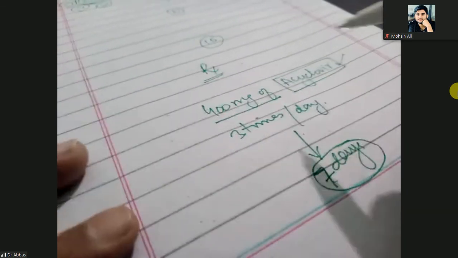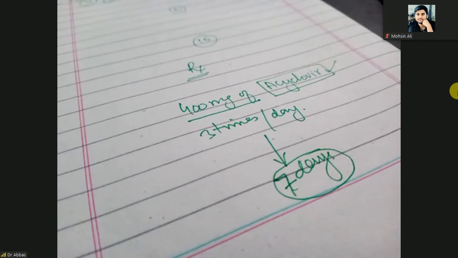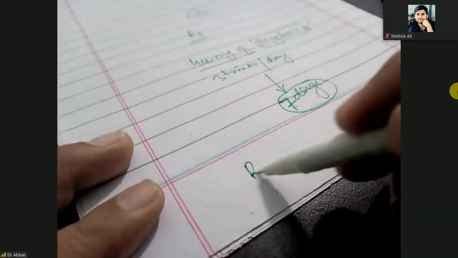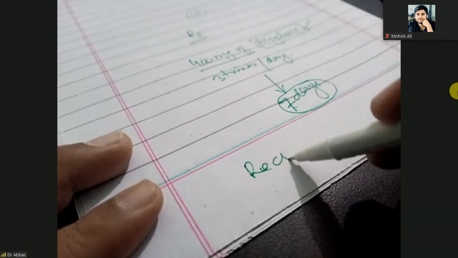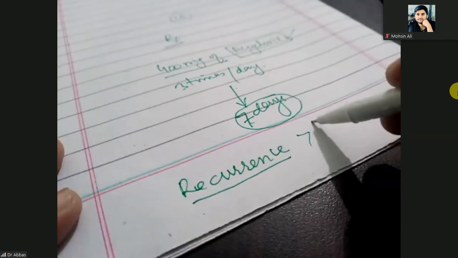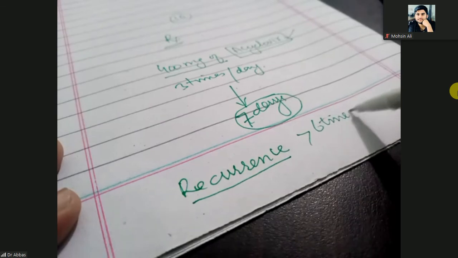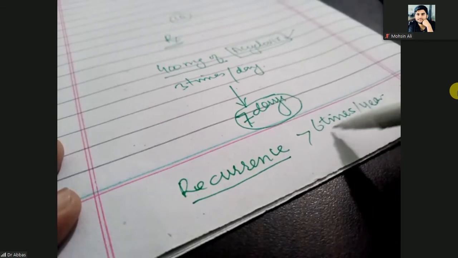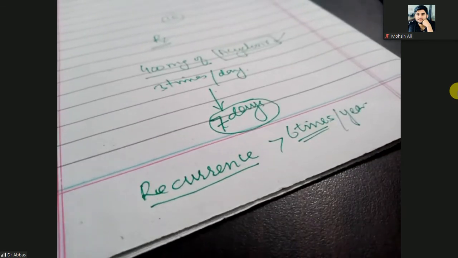Okay, but when you feel there is recurrence, meaning more than 6 times per year, or orolabial disease or gingivostomatitis, then what will you do?